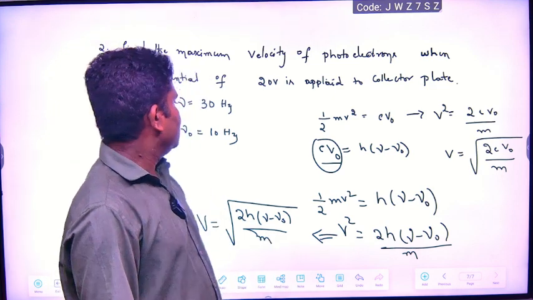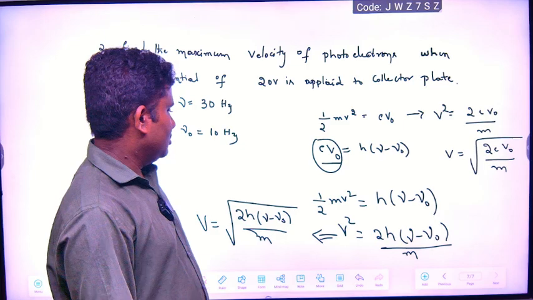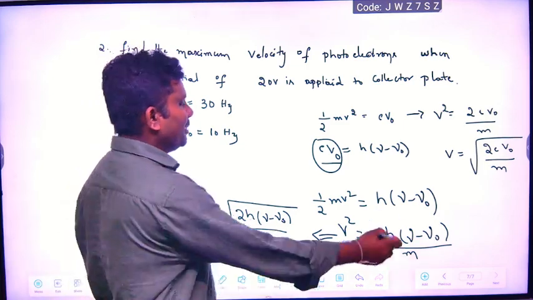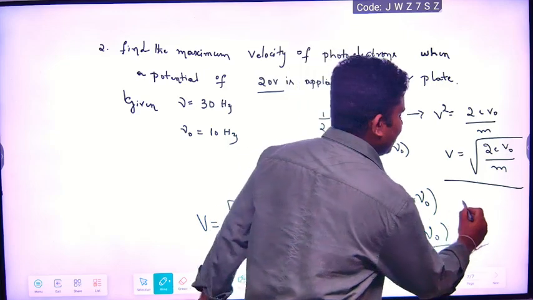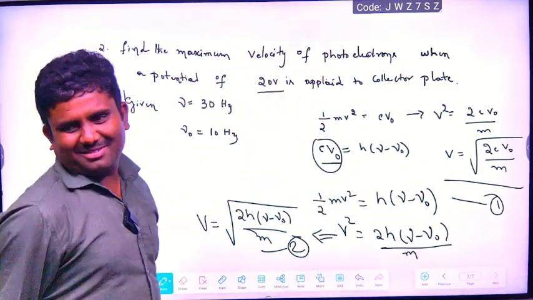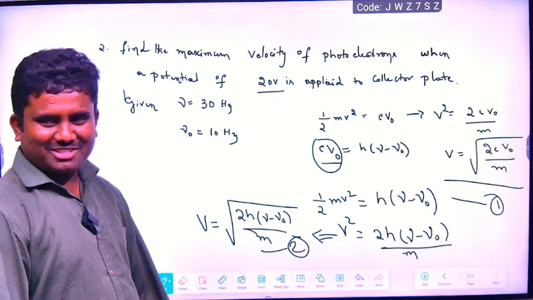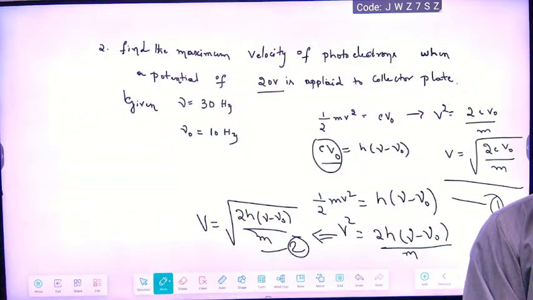Huh? 20, that is potential. Which one? This is potential, you can apply directly here also. This is also one formula, this is the second formula. Both you can apply, both give the same answer. If you want, you check. Okay, do it. What is the answer written?